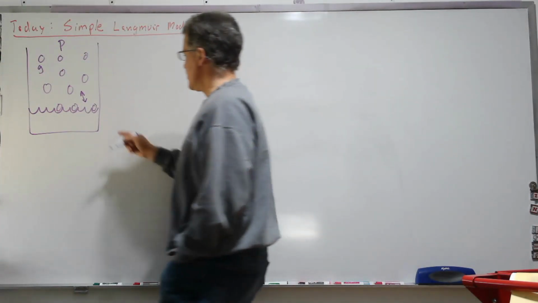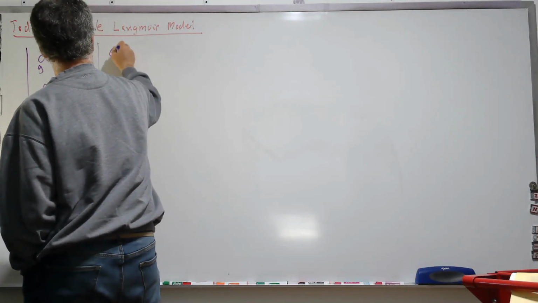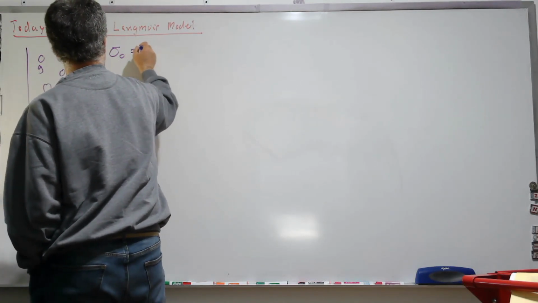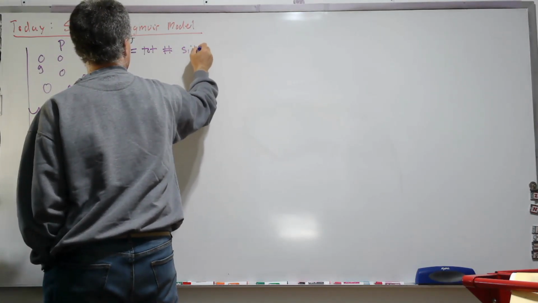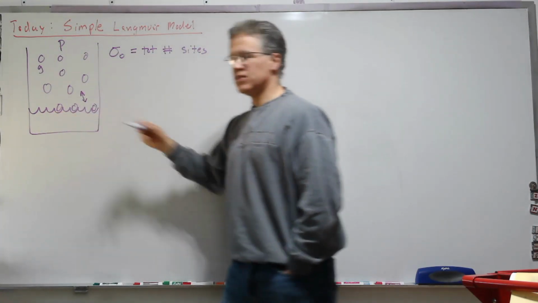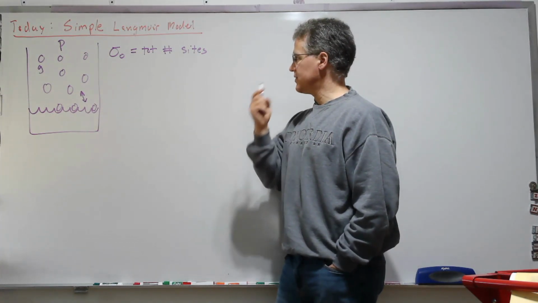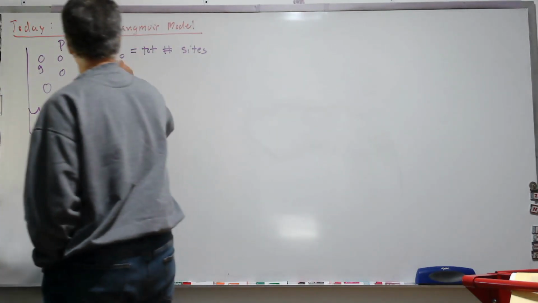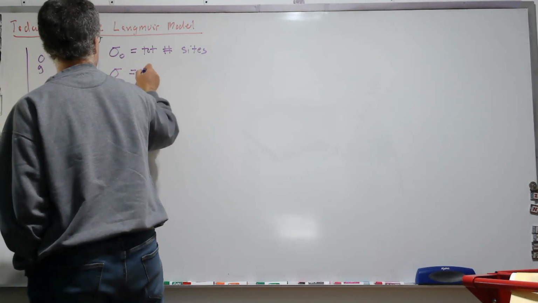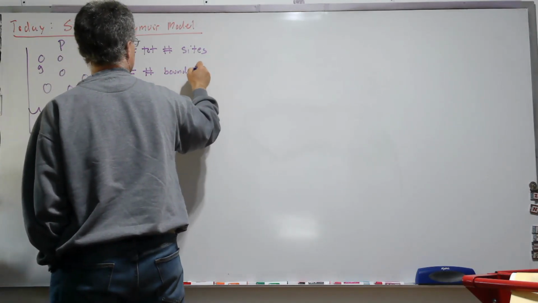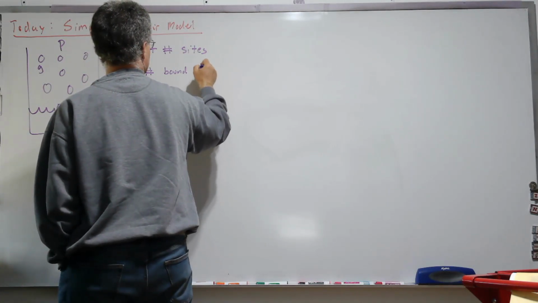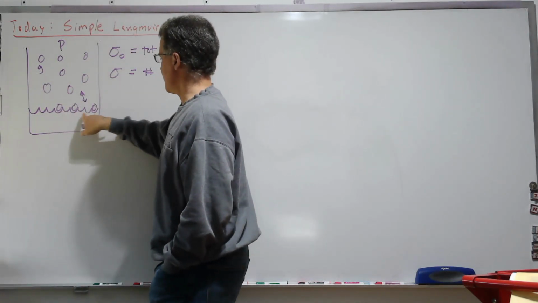We'll call the total number of sites sigma 0. So this would be the total number of possible binding sites on that surface. We'll call sigma the number of bound sites. So in this case it would be 3.